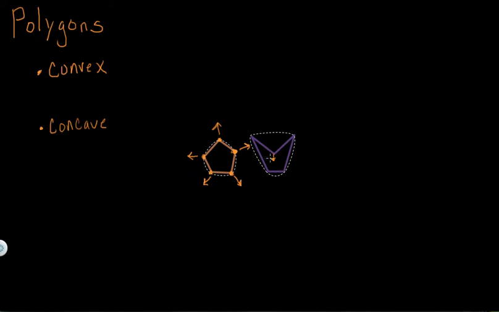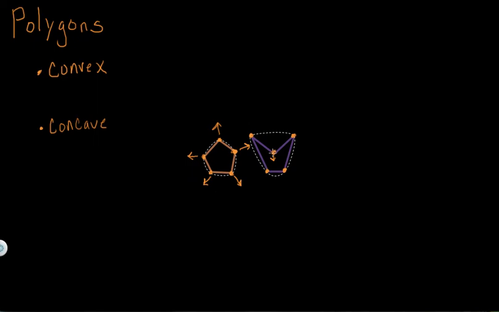And similarly, a test we can do for concavity is that if we attempt to draw a curve that intersects each of the vertices of the polygon, we cannot do that unless we cross into the interior of the polygon.